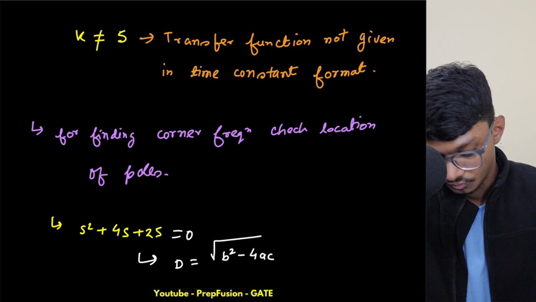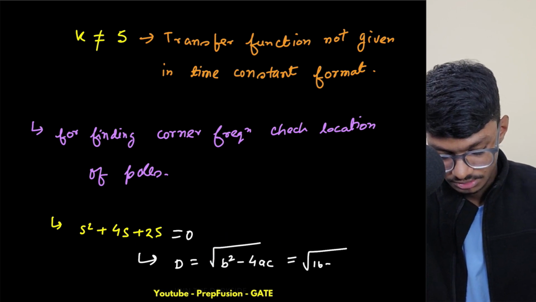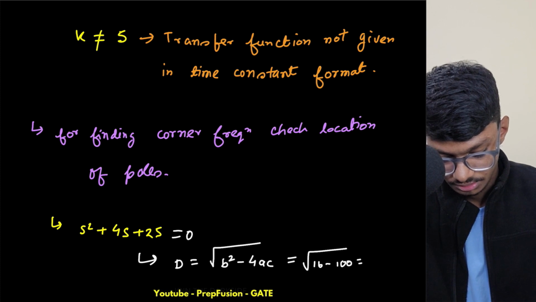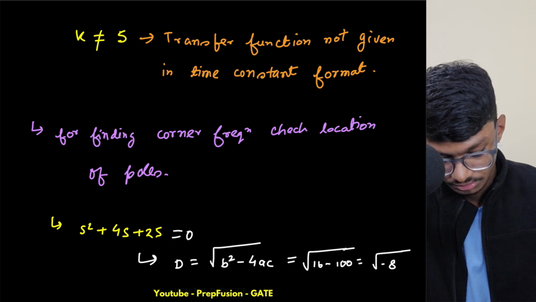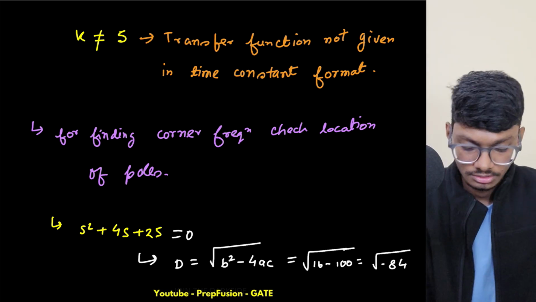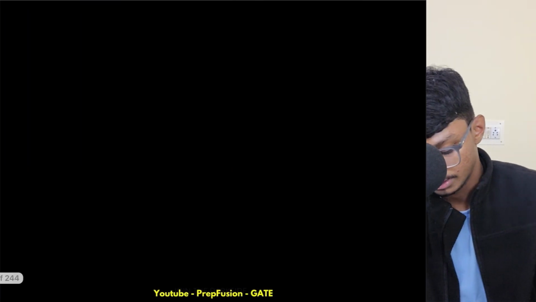What is this equal to? This is simply 16 minus 100, which equals minus 84. So the discriminant is equal to minus 84. So definitely, from here we can understand we will get complex conjugate roots.